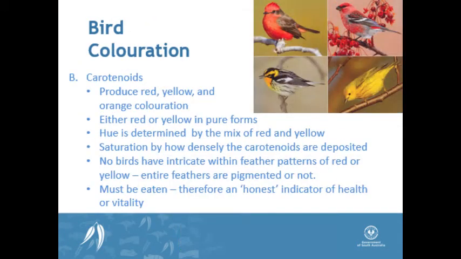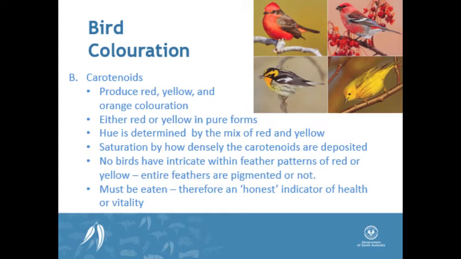In order to get red or yellow into a feather, they have to eat it. Okay? Yeah. And flamingo's pink because of the little crustaceans it eats, and it gets the colouring from them. With these reds and yellows, they're carotenoids, in the same way that we eat carrots.